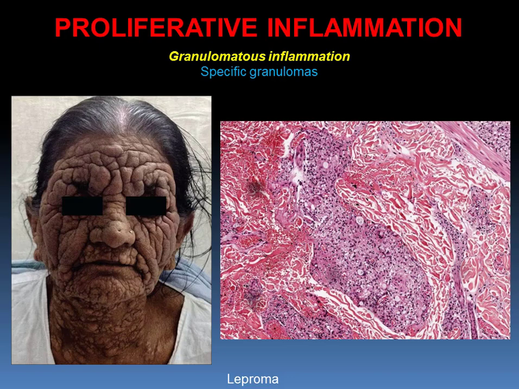The next variant of specific granuloma is named leproma and can be seen in leprosy, most often in the skin. There are two variants of leproma, the tuberculoid variant and the lepromatous variant. In the tuberculoid variant of leproma, we can see high resistance of the host organism, and the appearance of tuberculoid leproma is similar to tuberculoma.